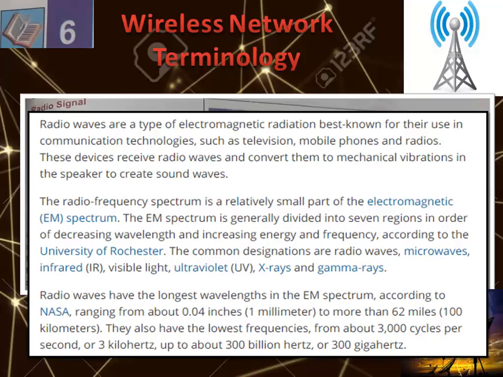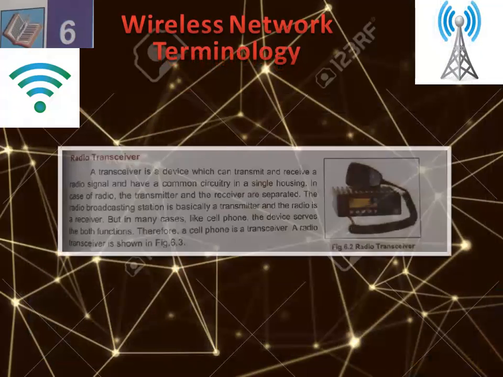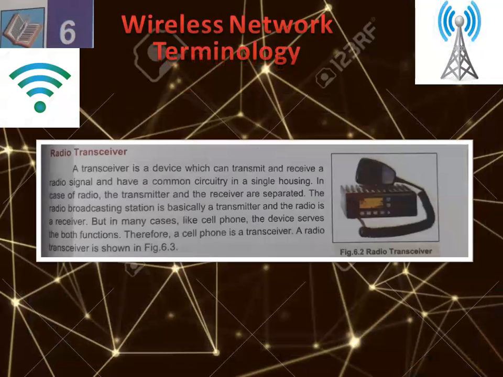They also have the lowest frequencies, from about 3000 cycles per second or 3 kilohertz up to about 300 billion hertz or 300 gigahertz. So this is a radio wave, a type of electromagnetic radiation best known for its use in communication technology. A radio signal or radio wave is an electromagnetic wave propagated by an antenna. Radio waves have different frequencies.